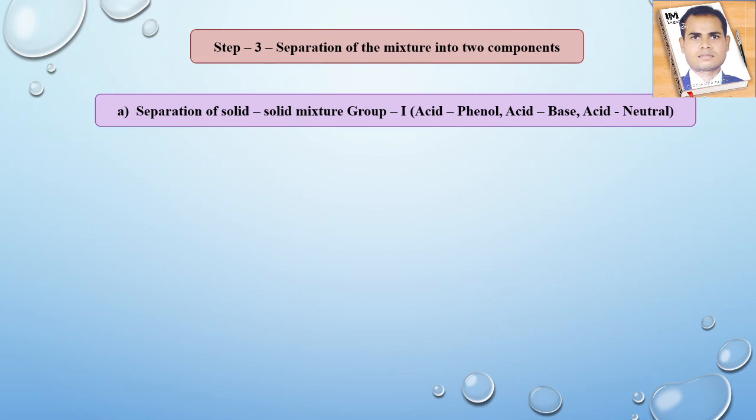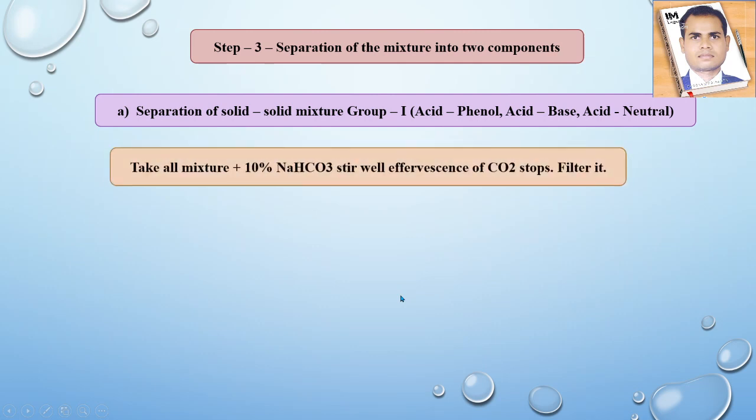If acid-phenol, acid-base, or acid-neutral type of compounds are present, then we simply take the whole mixture, add 10% sodium bicarbonate, and stir well till the effervescence of CO2 stops, and we filter it.